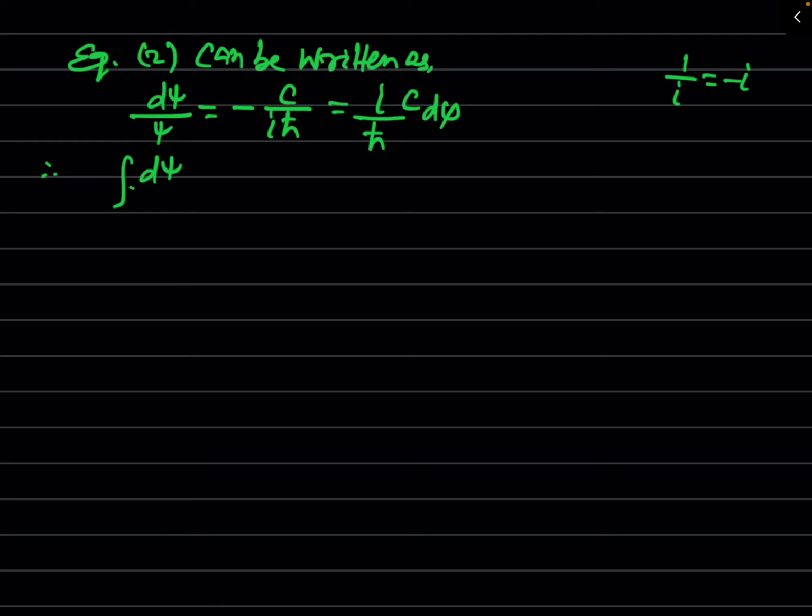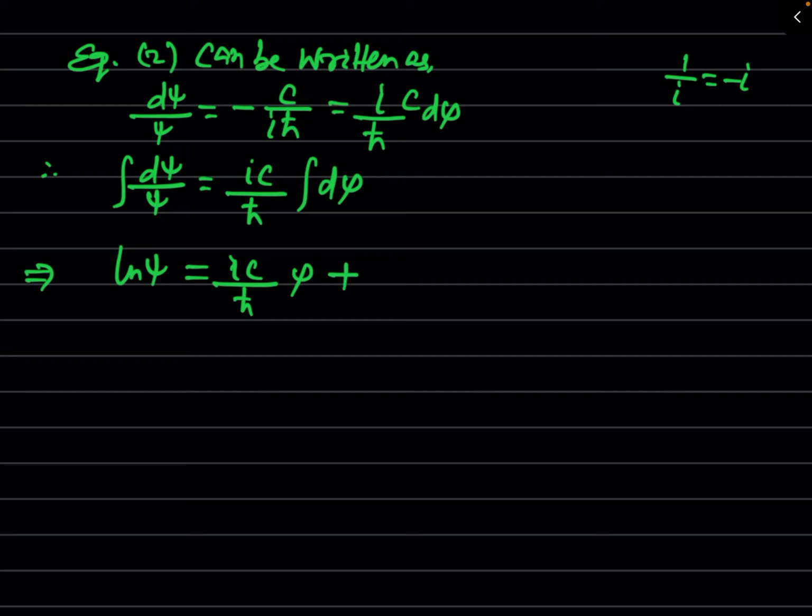Integral d psi by psi equals iC over h bar, which is a constant factor and so stays outside the integral, with d phi inside. Now the integral of d psi by psi is ln psi, and this will be iC over h bar, and the integral of d phi is simply phi plus some integration constant, because you are doing indefinite integration.